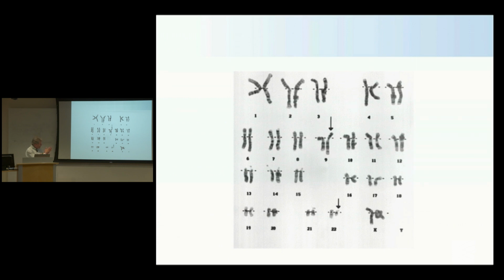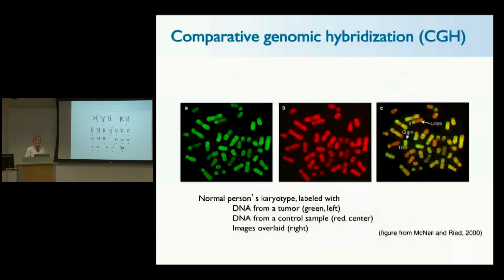This is a picture of a particular genomic alteration, which is a fusion between chromosome 22 and chromosome 9. It's called the Philadelphia chromosome because it creates a gene fusion that leads to cancer predisposition. And this was discovered through these cytogenetic techniques back in the 60s. So there was a lot we could learn even before we could really see genomic alterations at fine scale.